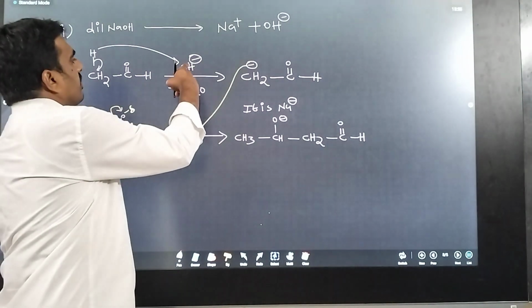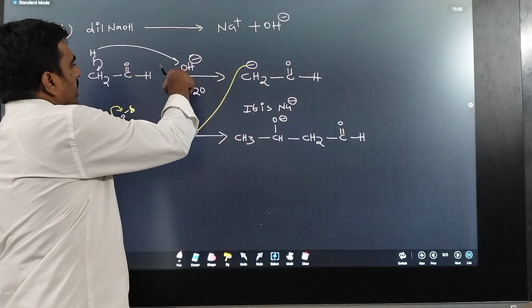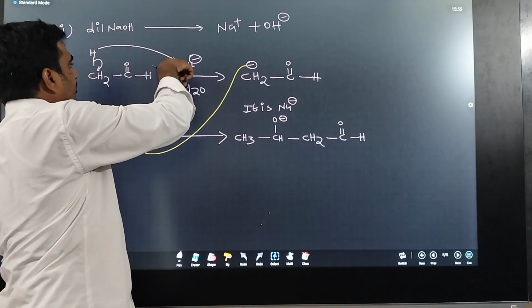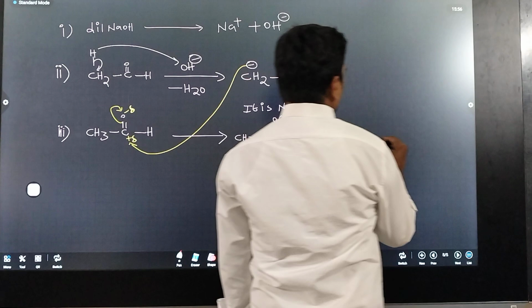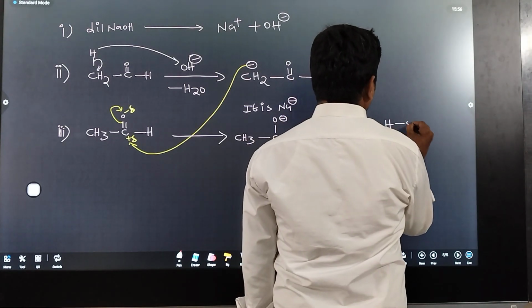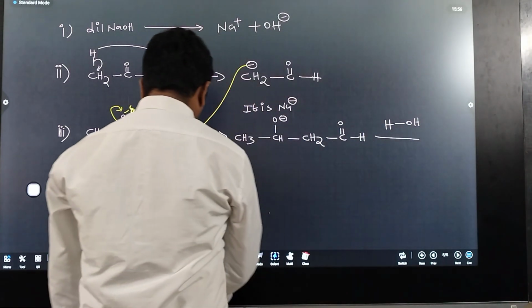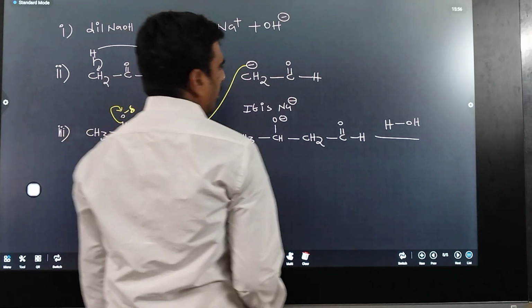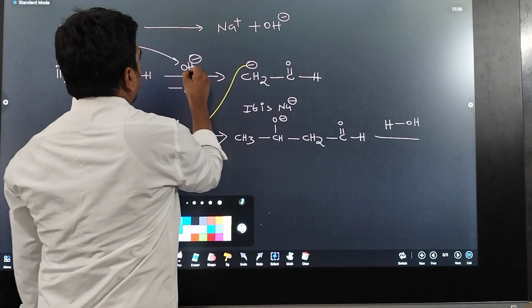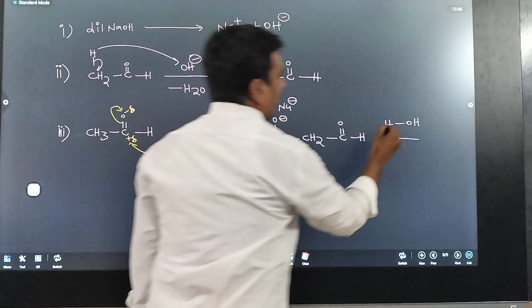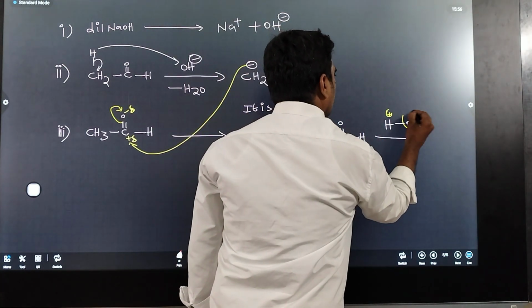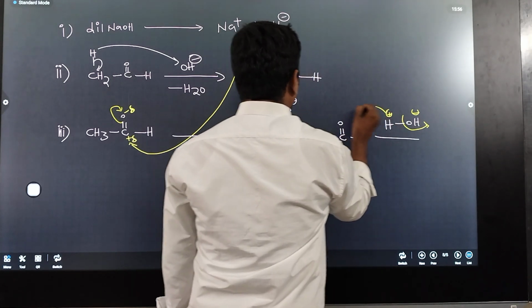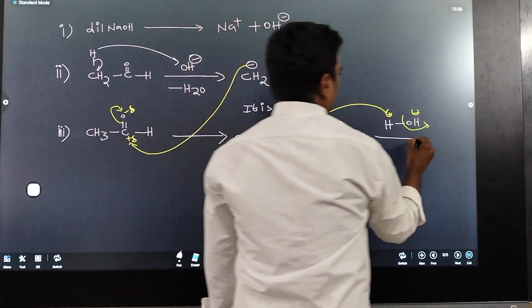So here OH eliminated along with hydrogen, eliminated as water molecule. So here this base acts as the catalyst. So that's why OH minus is regenerated as catalyst. This proton attacks on this negative.